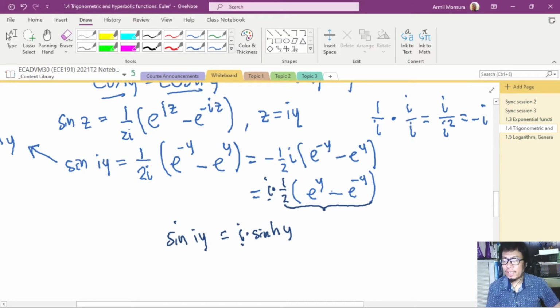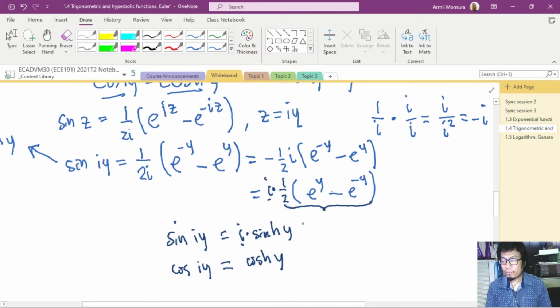But nevertheless, we are able to establish two things. That cosine of iy, the cosine of a purely imaginary number, equals the hyperbolic cosine of y. And sine of iy is i times the hyperbolic sine of y.